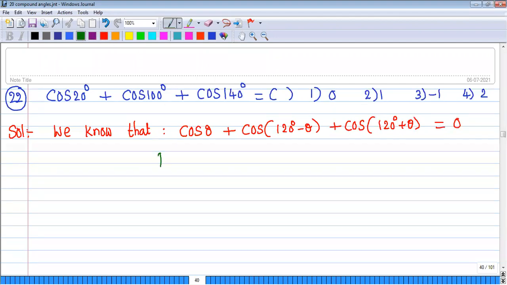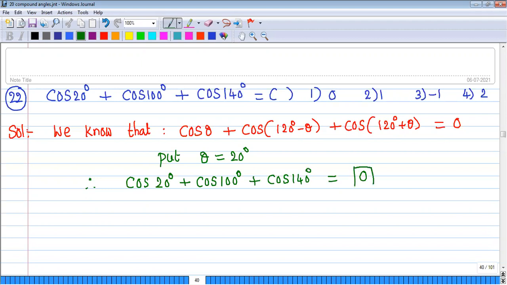Now, to get our answer, put theta equal to 20 degrees. Cos 20 degrees plus cos 100 degrees plus cos 140 degrees is equal to 0. So first option is the right option.